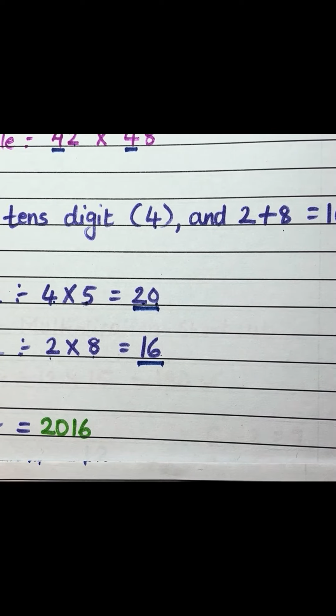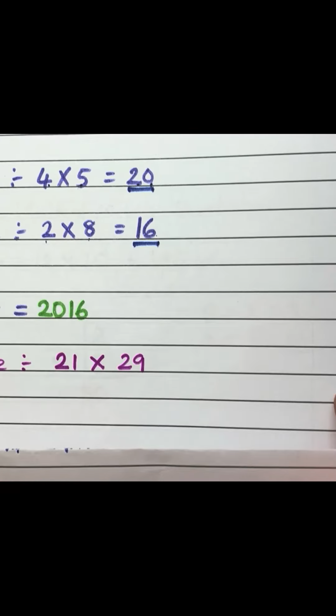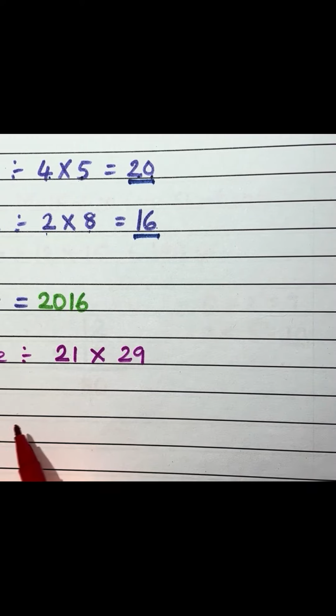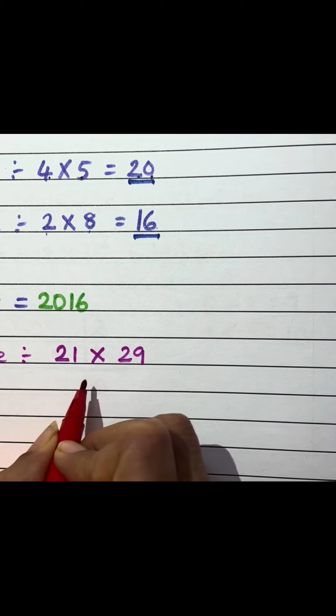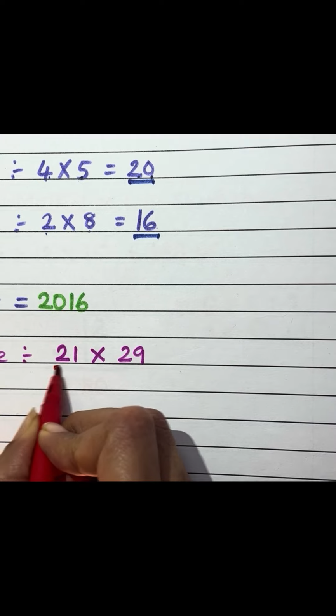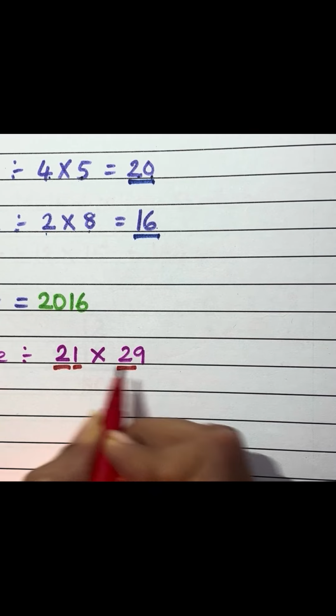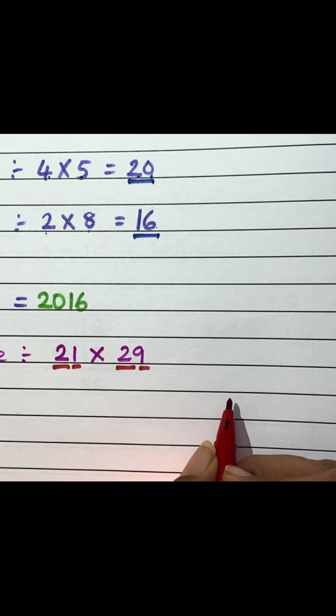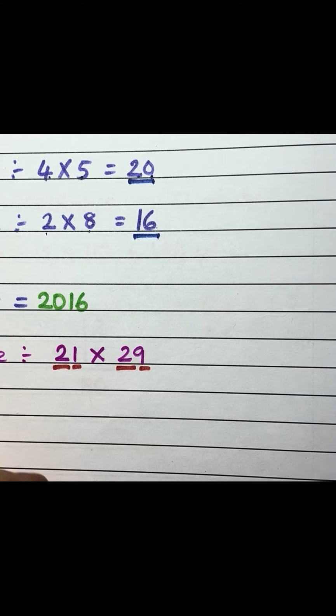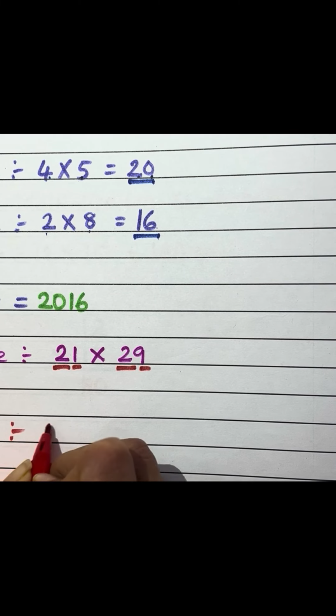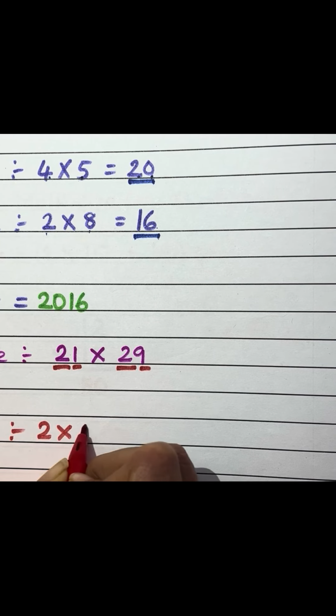Now let's have a look at one more example. We are going to find out whether both the tens place digits are the same. Yes. The second criterion is 1 and 9 add up to 10. Yes, so we write down step 1: after 2 which number comes? 3.